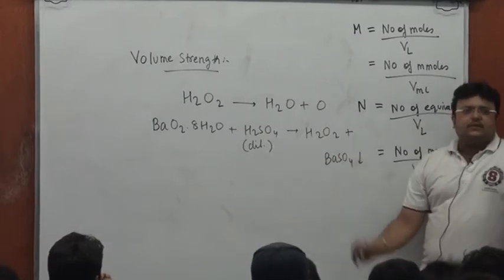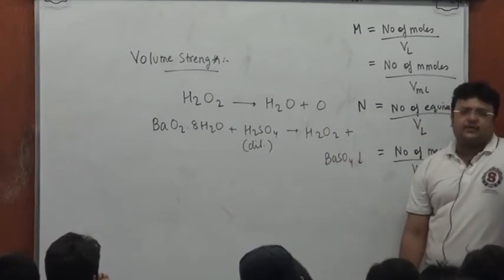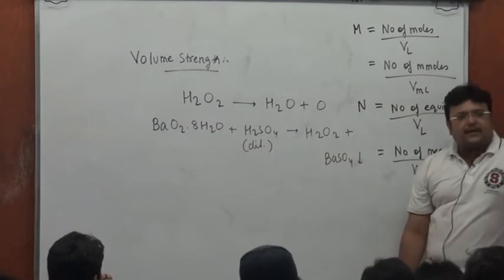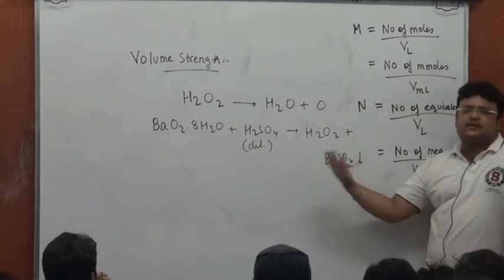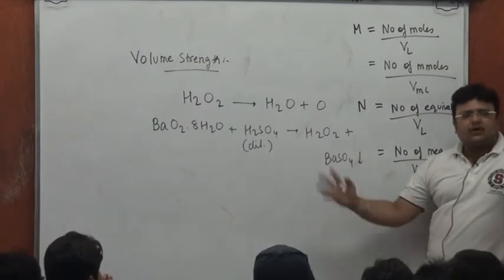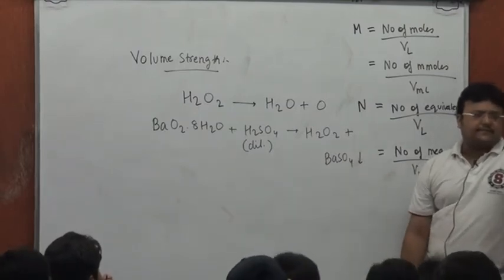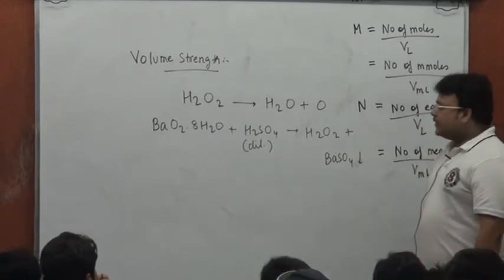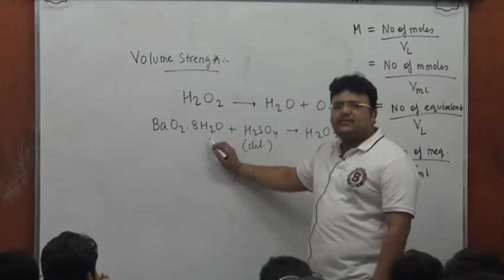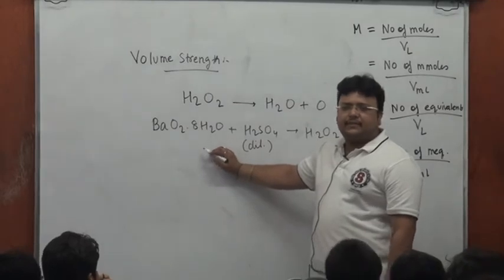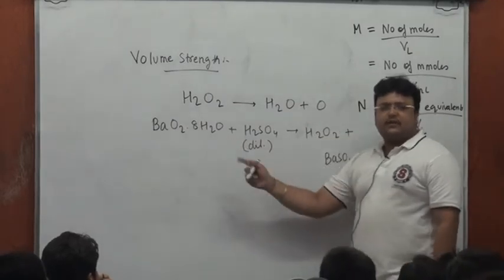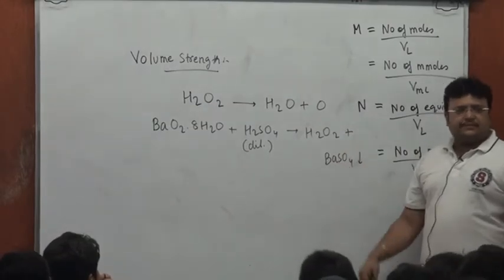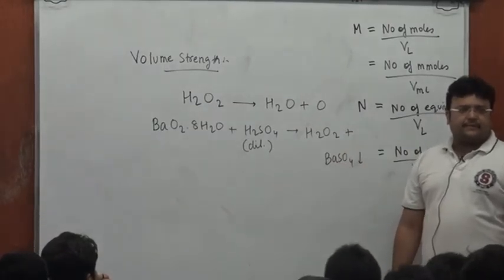This is the laboratory method of preparing H2O2, which chances are you'll come across much later in class 11. These are hydrated crystals of barium peroxide, BaO2.8H2O, treated with dilute sulfuric acid, will produce H2O2 and barium sulfate as a precipitate. Got me?